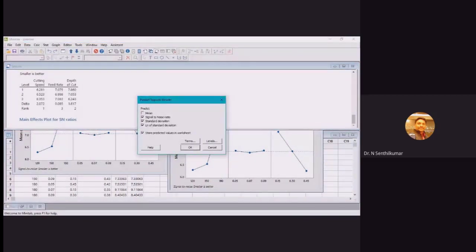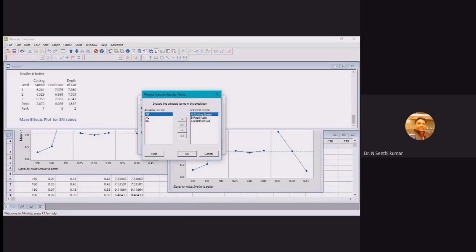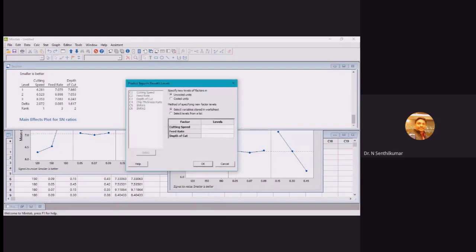What am I going to predict? Only the signal to noise ratio, with the same A, B, C terms and levels. Which level value? Select from the list. The third level is 180. Feed rate, third level. Depth of cut, first level.